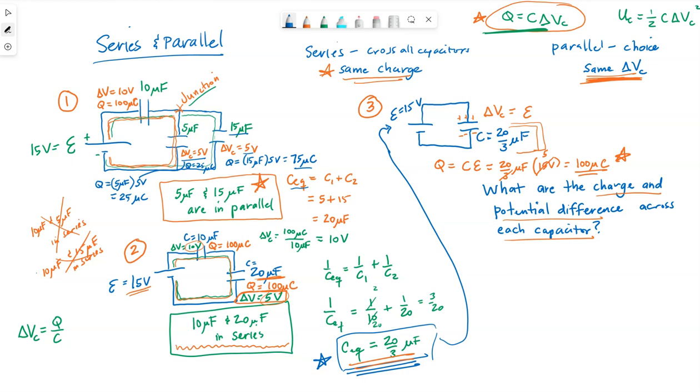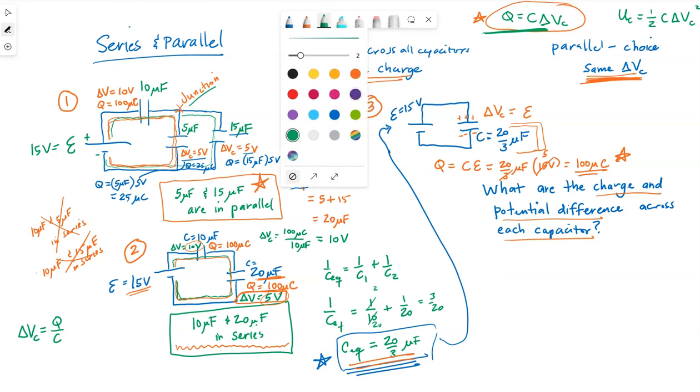Now, a couple of things to point out. I mentioned one already. Let me choose a different color to hopefully get it to stand out a little bit. Let's go with this one.